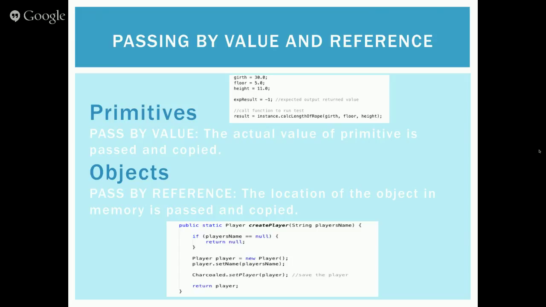Now, when we're dealing with objects, it's different. Objects such as a string or a custom object, such as a player variable, the way Java handles these objects is by passing the address of the object in memory to within the function, so that when the actual code that calls that variable is needed, Java will go to that address, pick up the value, and then do whatever it needs to do and process it, as in the example of the create player, where we're passing a string object called player's name.